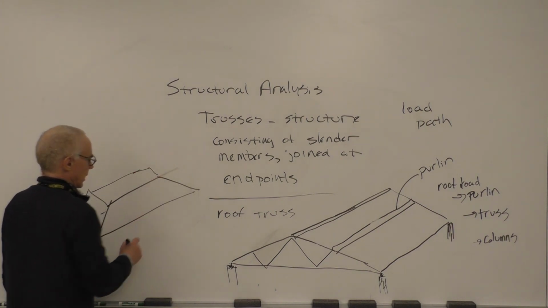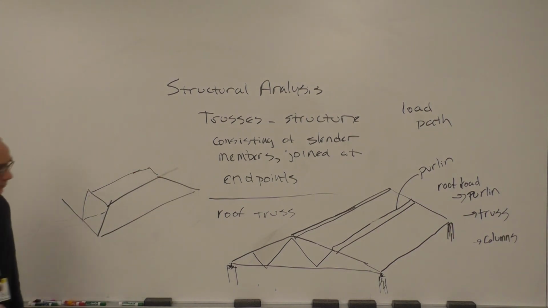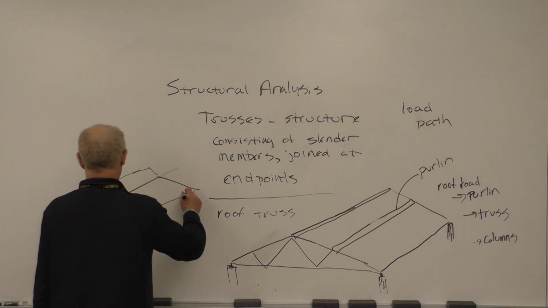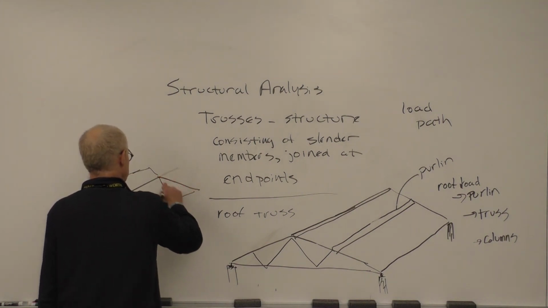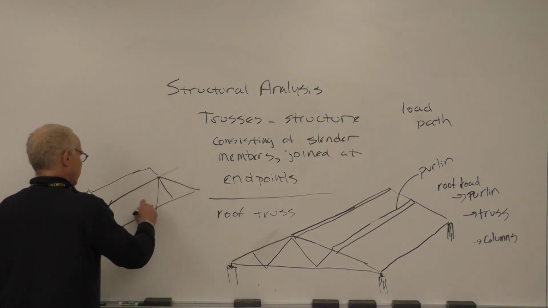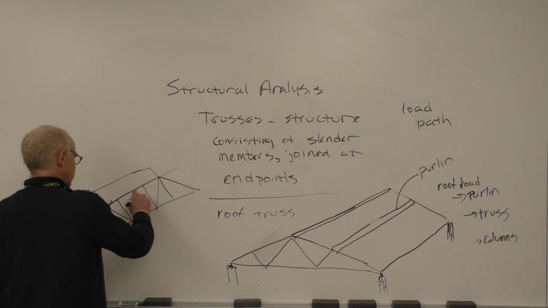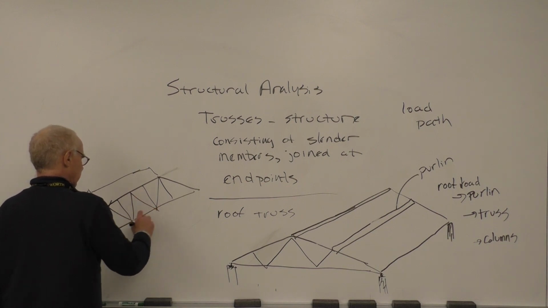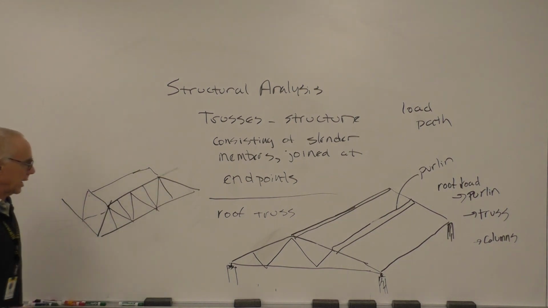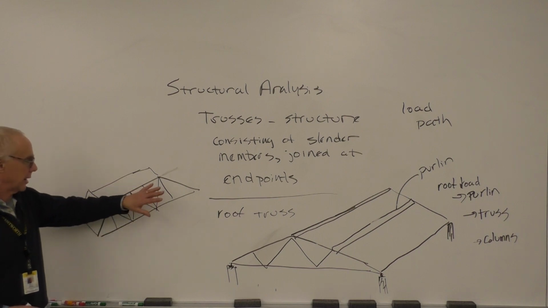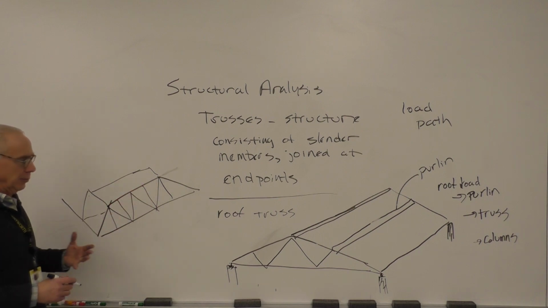Let's draw this like that. I don't know. What do you think? Alright, well, that's pretty good. And now I'm going to make a truss in here, and there's a bunch of different styles of these trusses. I'll try to do one more like that. Okay, so that's the truss. So the truss itself is on the side. And again, we have a load path.